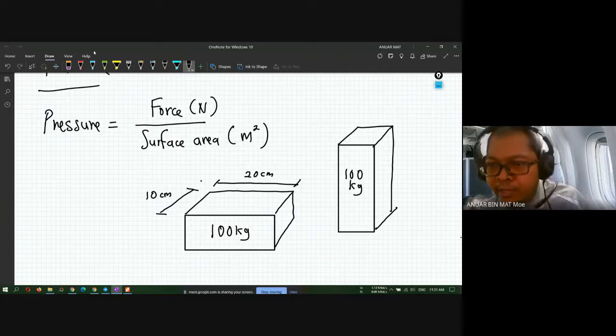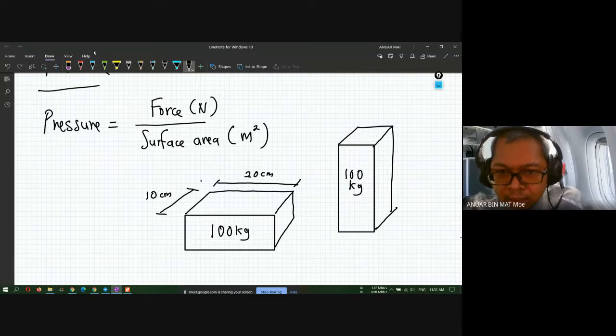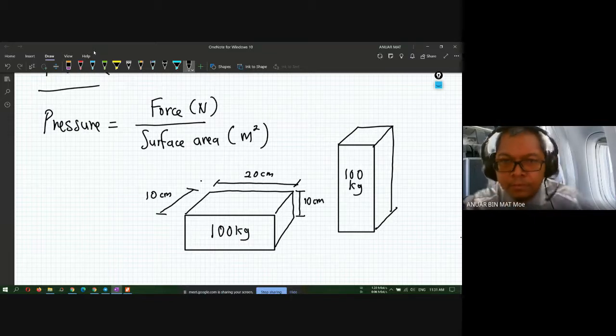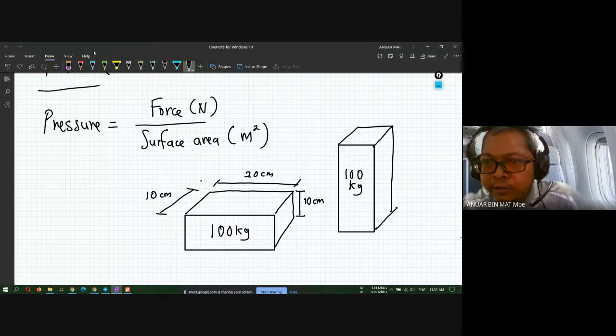This is also the same, class. And the height over here is also 10 centimeter. Okay, can? So this is also the same.